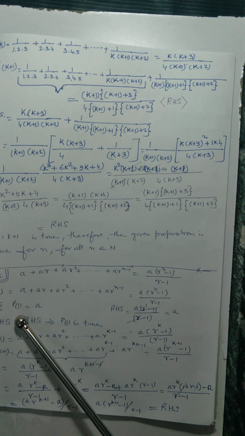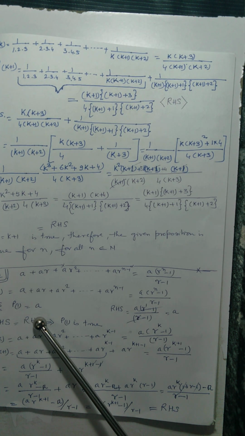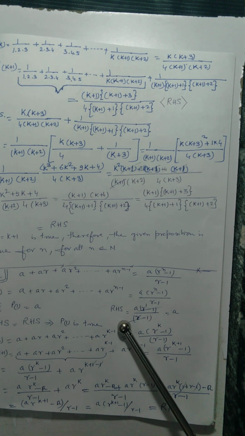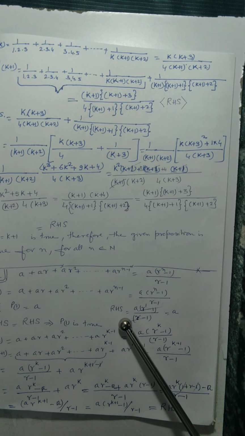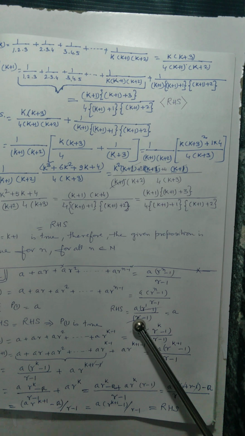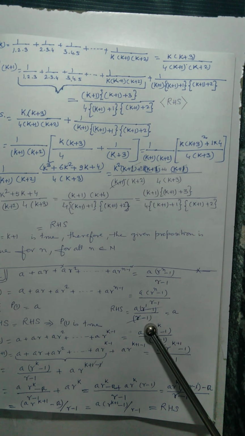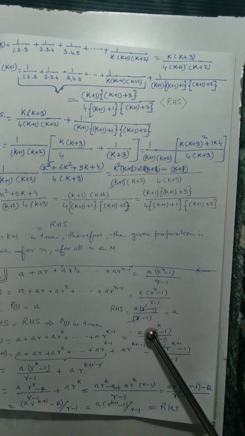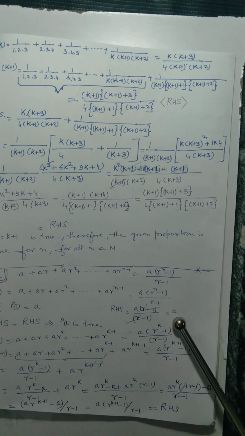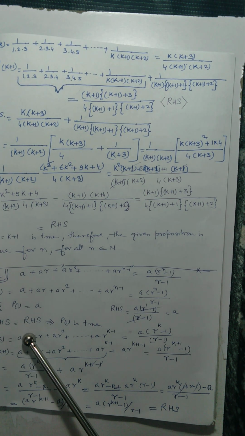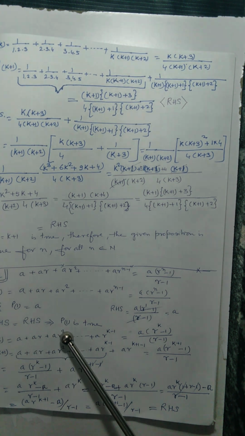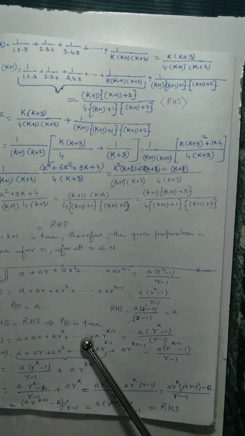So P1 is equal to a. RHS is equal to a into r to the 1 minus 1 whole divided by r minus 1, which is a. So LHS is equal to RHS. It means that P1 is true.